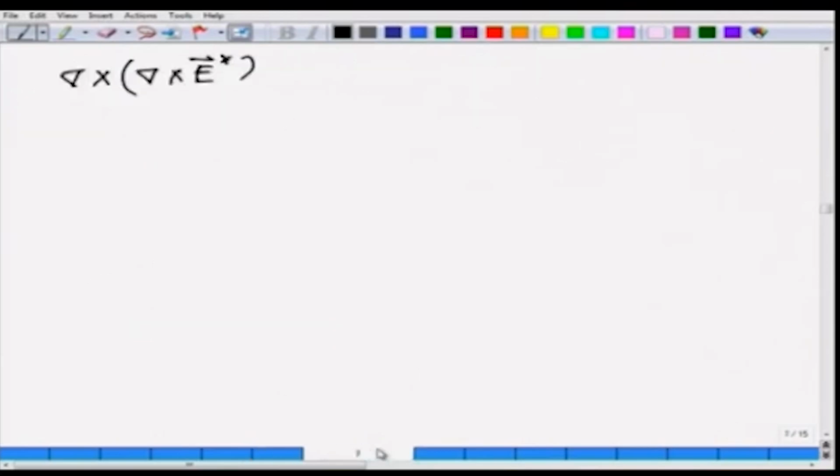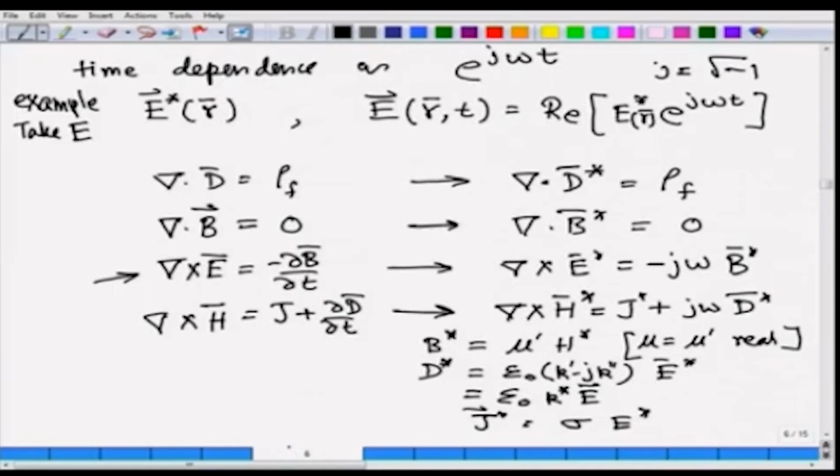So curl of curl of E star is equal to minus j omega mu prime, and I am going to take curl of H. What I have done is, first for B I have substituted this quantity mu prime H, and I am assuming mu is not space dependent, it is a homogeneous medium, so it is not spatially dependent.